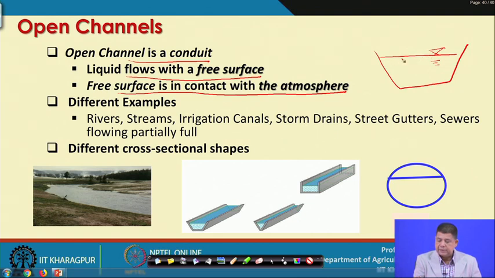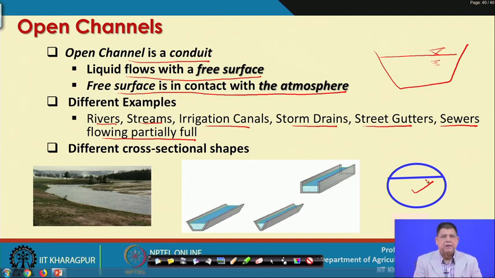is atmospheric. And the different examples of open channel could be rivers, they are the greatest examples, then streams, irrigation canals, storm drains, street gutters, and sewers that are flowing partially full. For example, this one is also an example of open channel.